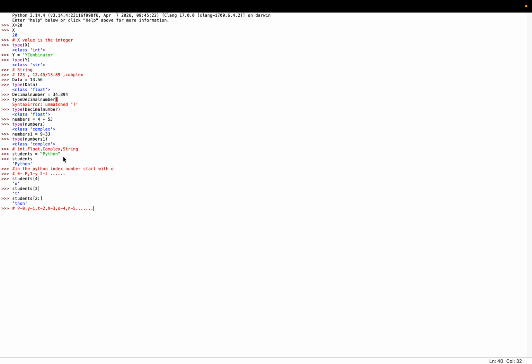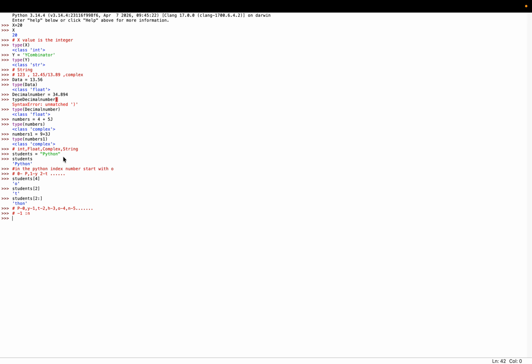In the same way in Python, index numbers also go negative. Example, what is the minus 1 value now? Minus 1 value comes from the reverse. Example Python, so minus 1 is my N value.